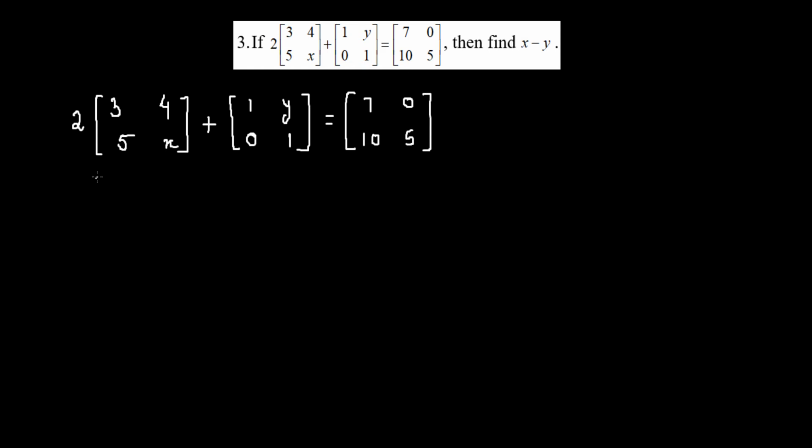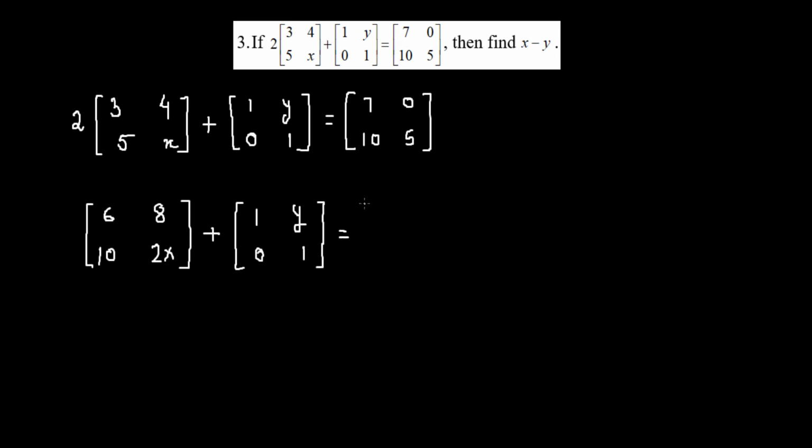Now, starting with the first matrix, we multiply the scalar value 2 to each of the entries. That should give us 2 times 3 is 6, 8, 10, and 2x, plus our remaining matrix, equals 7, 0, 10, 5.